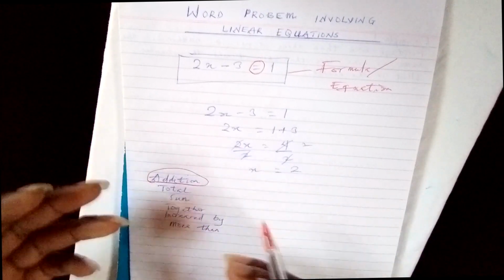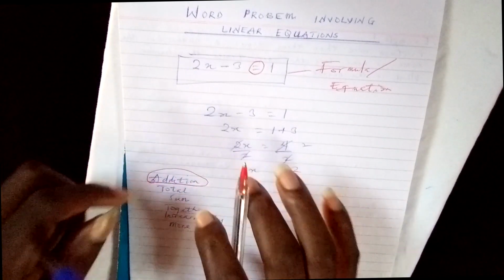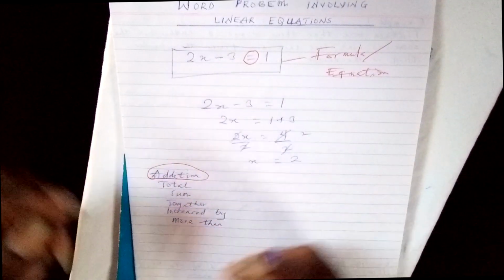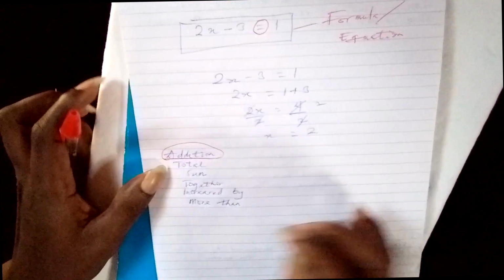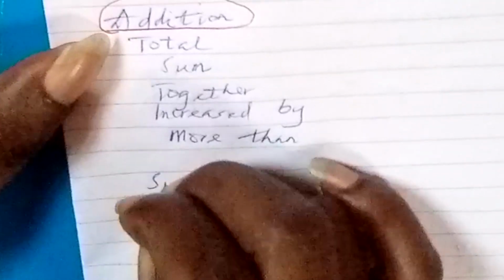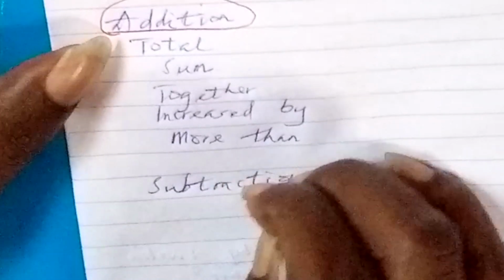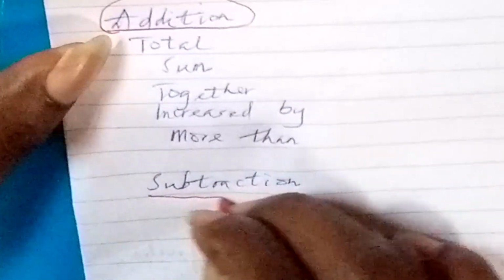There are more, but we should be familiar with these popular ones. Now, let's quickly dive into the words or phrases that whenever we see in a mathematical word problem, we think of subtraction, or minus. Subtraction has this sign, and addition had this sign. The words or phrases are: difference, reduce, fewer, decrease by.